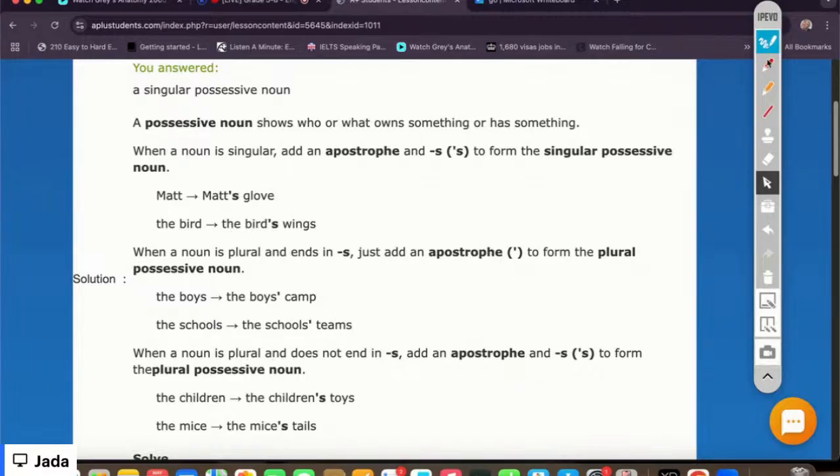Alright, so we'll start now. A possessive noun shows who or what owns something or has something. So basically, it shows possession and ownership.